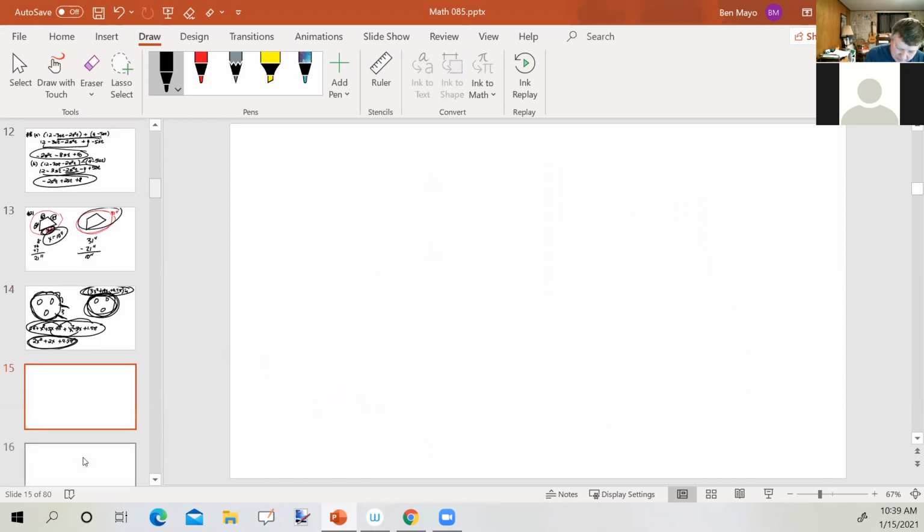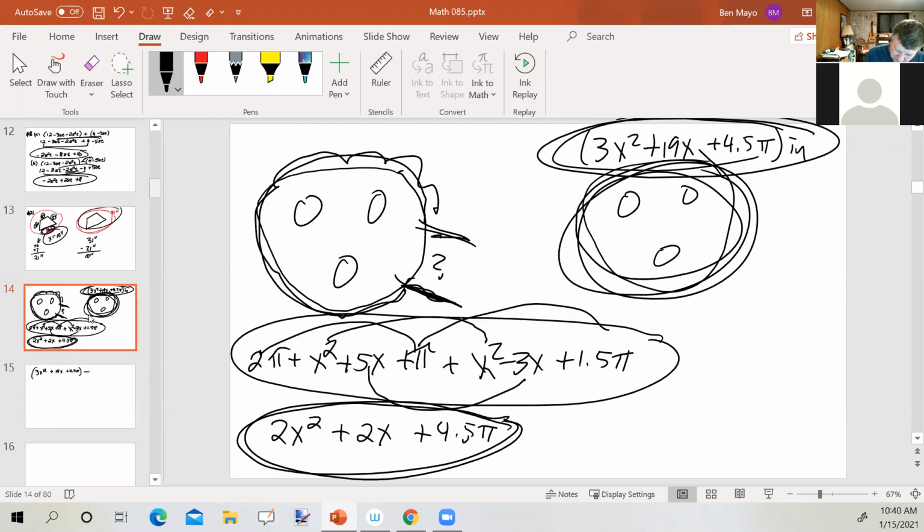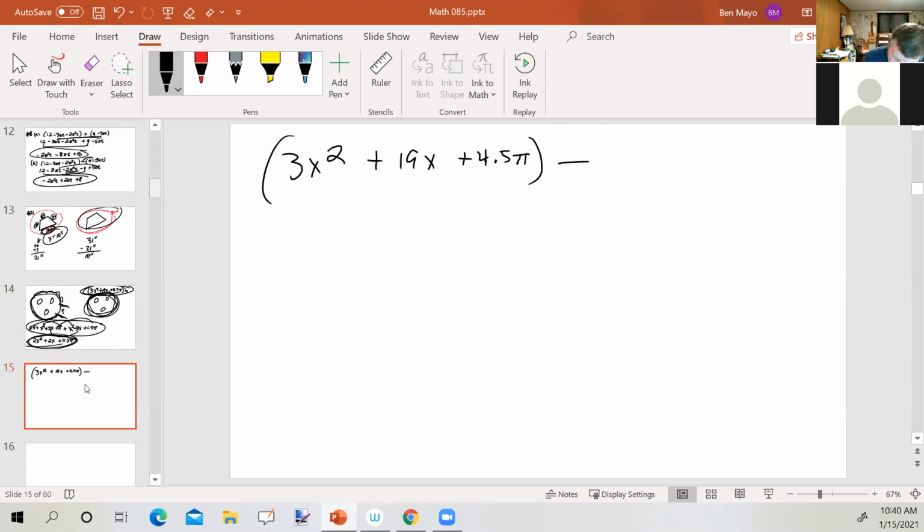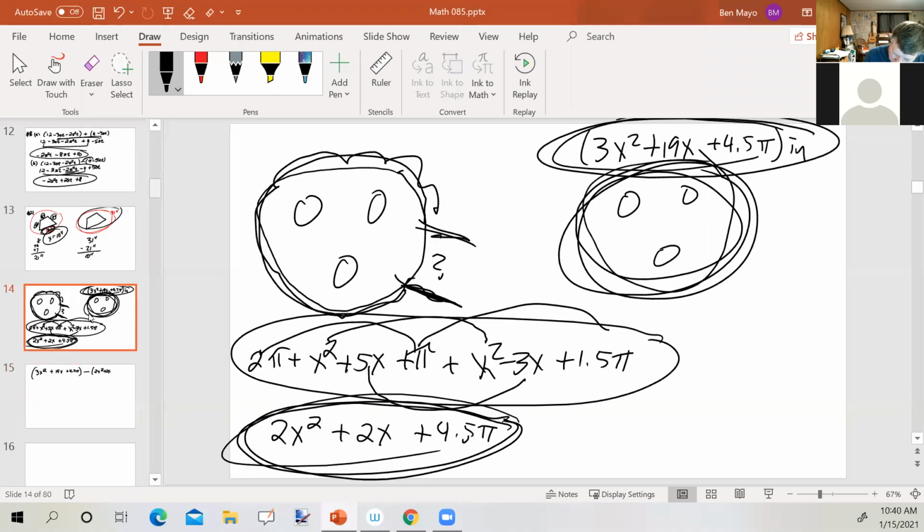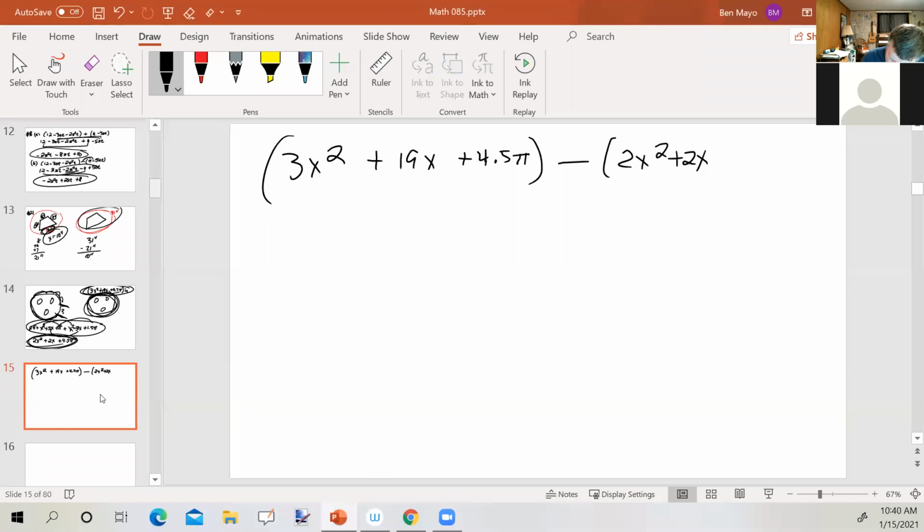So I've got 3x squared plus 19x plus 4.5 pi, minus this 2x squared plus 2x plus 4.5 pi.